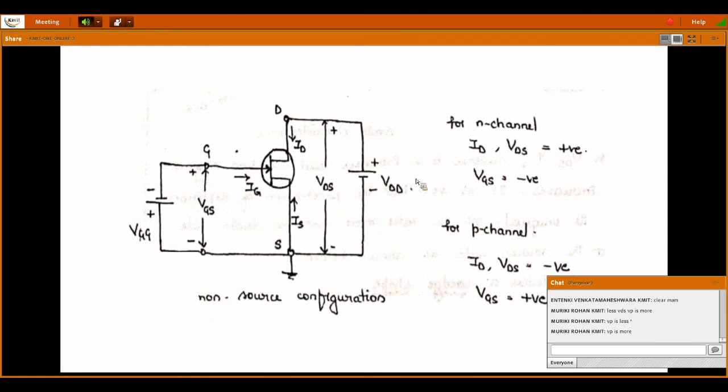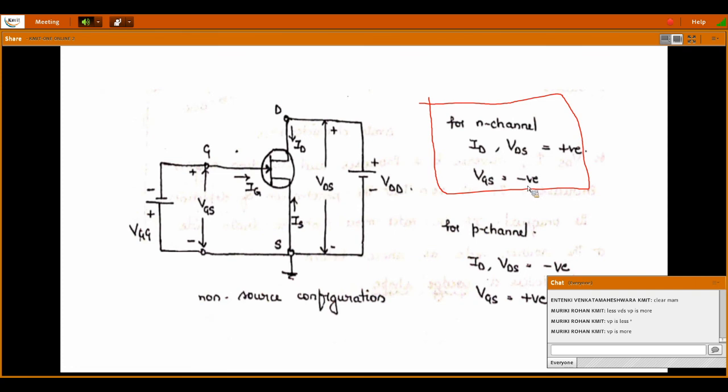This is a circuit diagram for a common source amplifier. We have seen the operation of N-channel JFET. These are the polarities required for N-channel: ID and VDS will be positive, whereas VGS is negative.